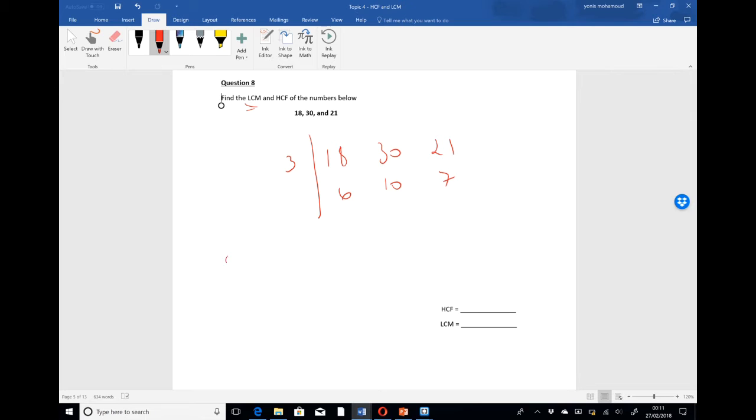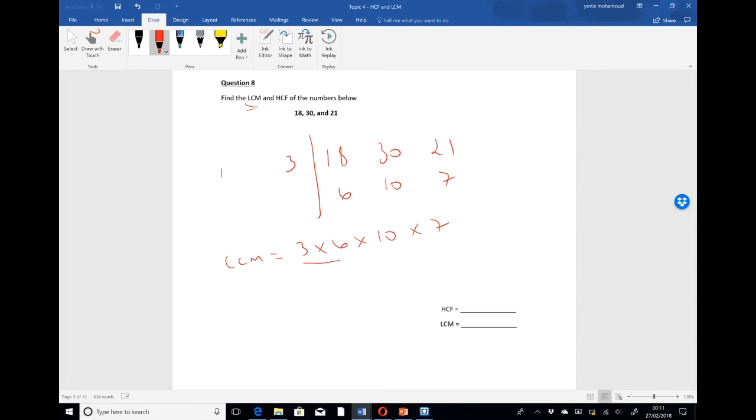Nope. So to find the lowest common multiple, you have to multiply all the numbers that appear on the side and also along the bottom. So we have 3 times 6 times 10 times 7.